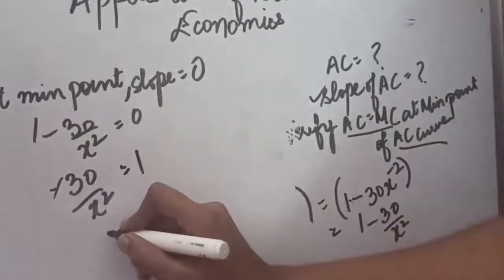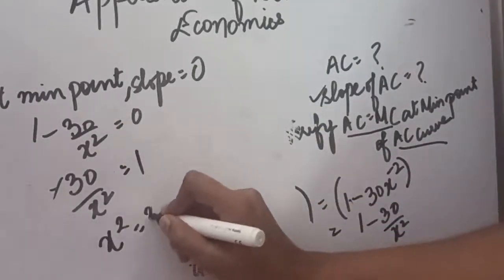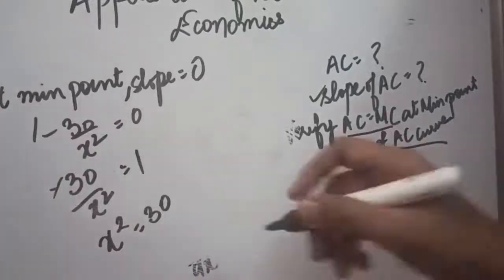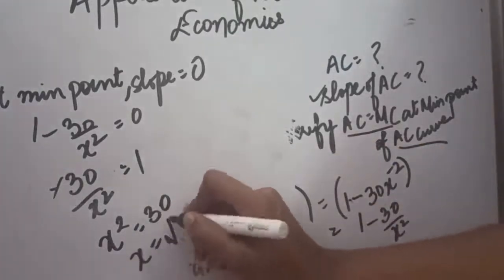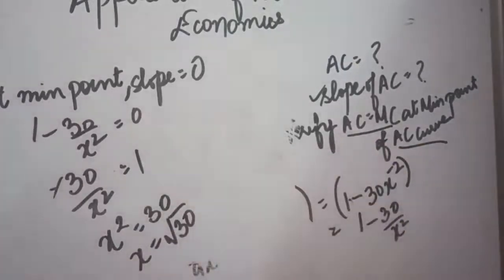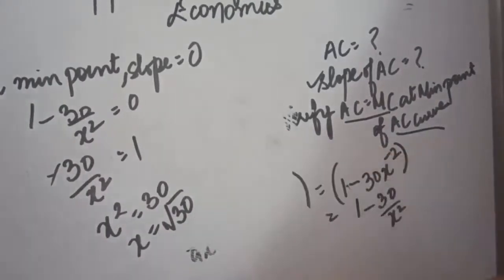If we cross multiply, x square will be 30. So to calculate the value of x, it will be under root 30. So this is the value of x.